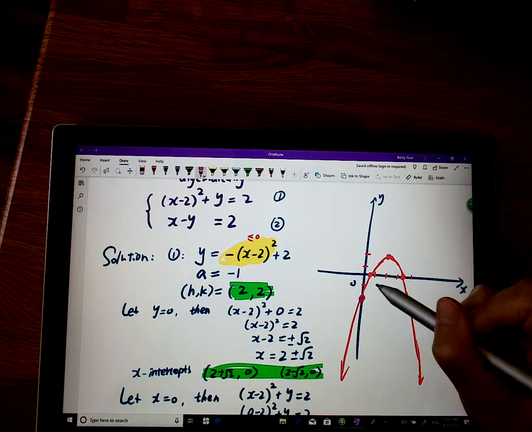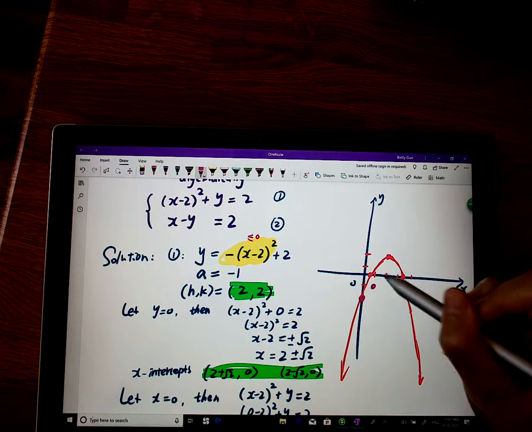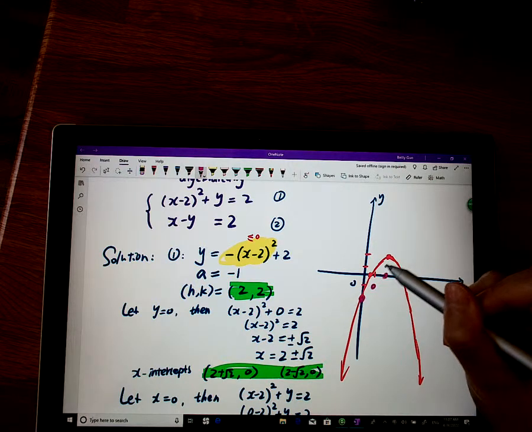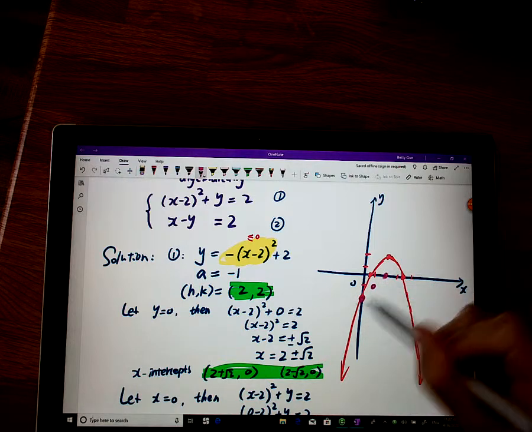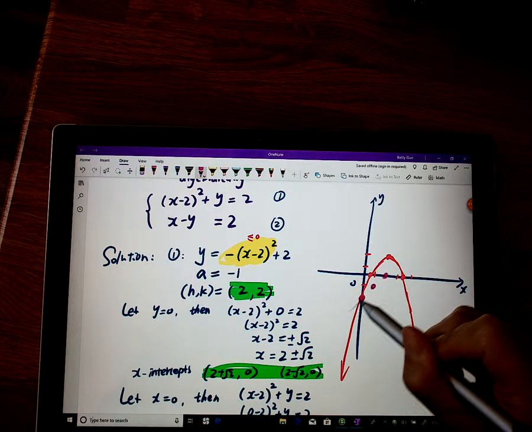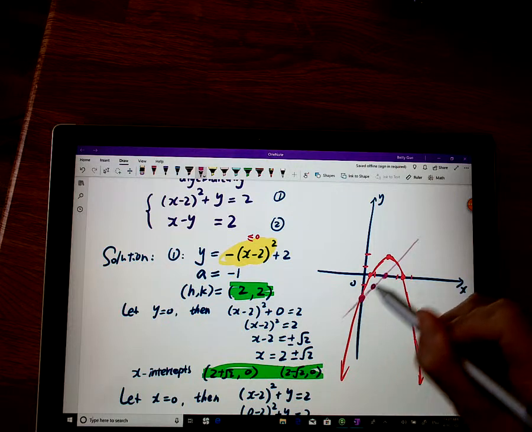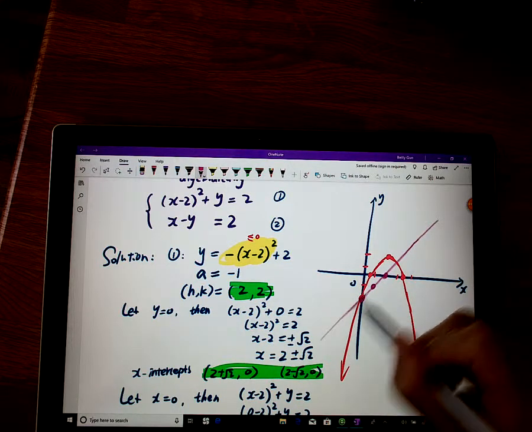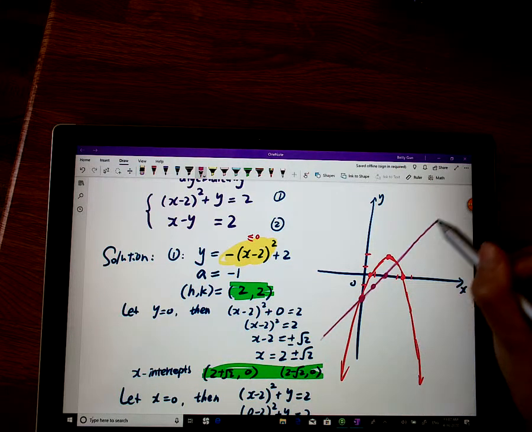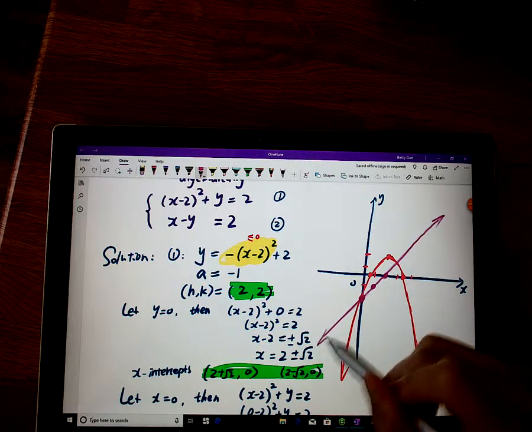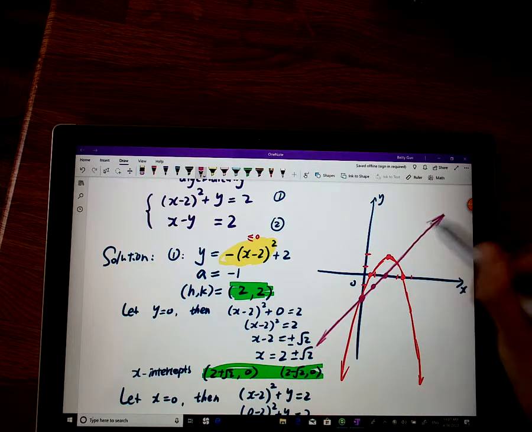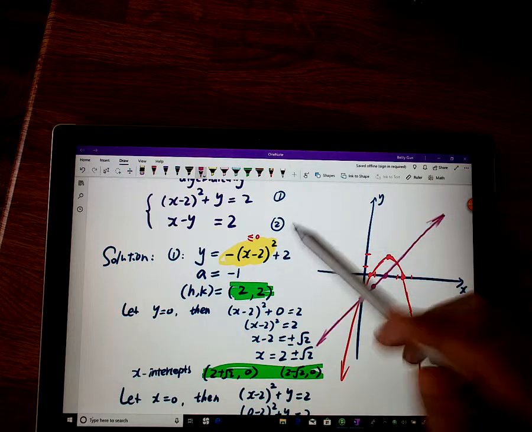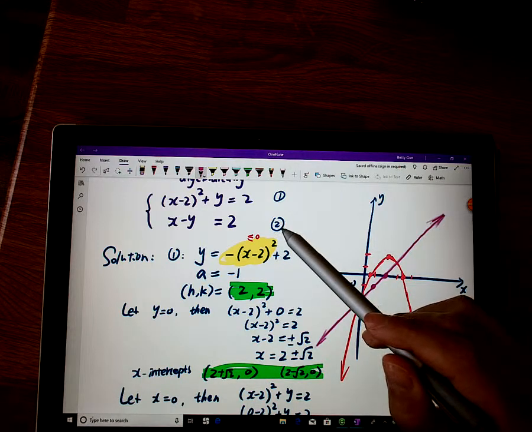We go up 1, go to the right 1, we get another point. We can keep doing that until we have a nice number of points, and we can draw a very nice straight line. Alright? How many points on the straight line? Infinitely many, uncountably many. Those points on the straight line, they are the solutions of equation 2.